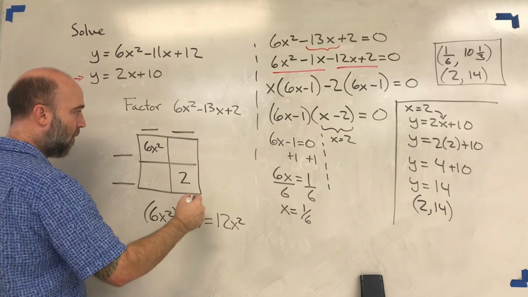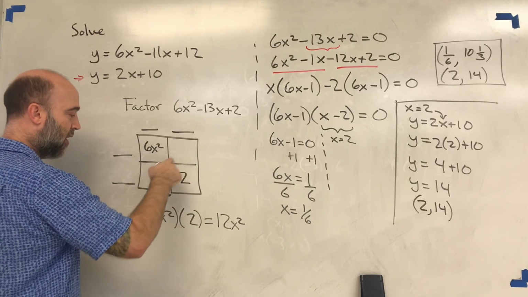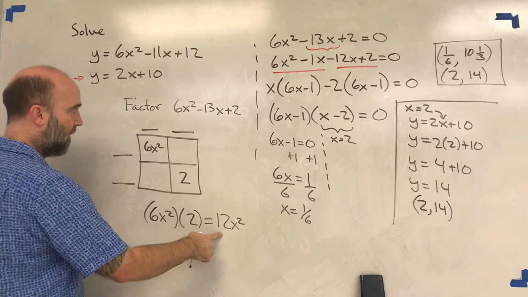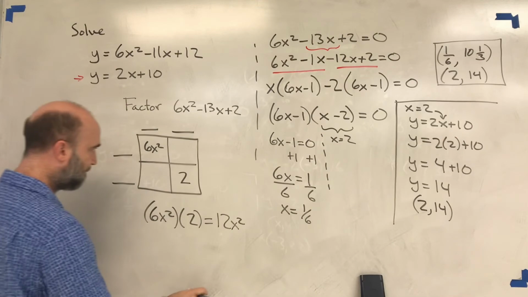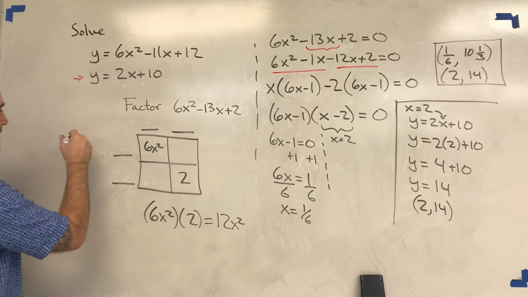Then we're looking for what numbers we can put here that go into 12 and add to be negative 13. What two numbers? We do a diamond problem at this stage.